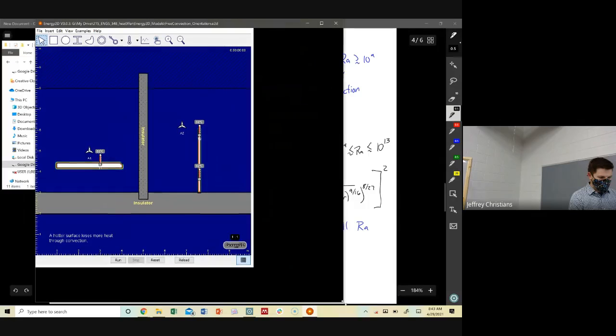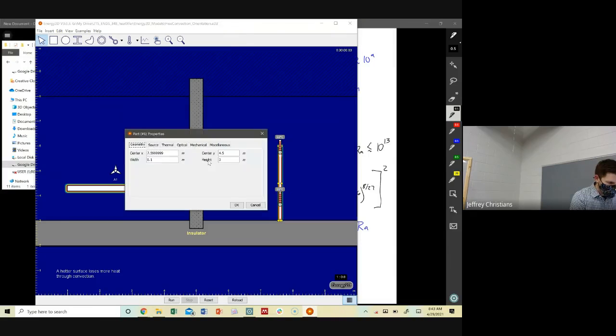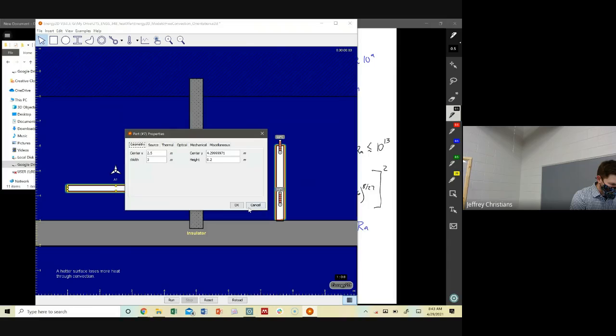You'll be able to see where some problems arise maybe from some of the simulation results. I want these to be the same size. Okay.